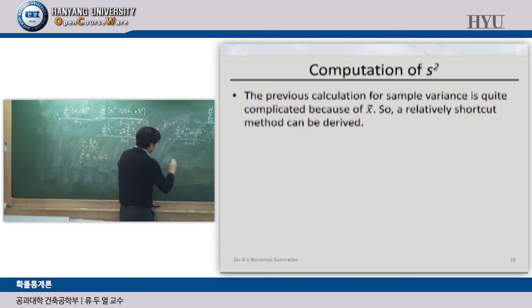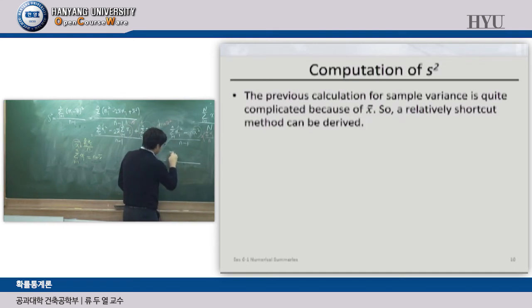So finally, this is equal to the summation of xi square minus, the x bar can be eliminated here, so that is equal to the summation of xi square minus the summation of xi squared over n.